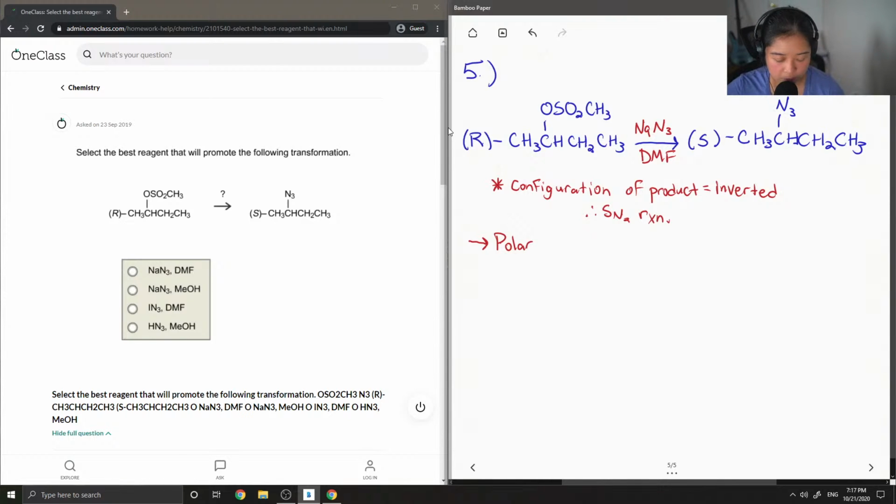So when you have polar protic solvents, an example of this would be the methanol that they gave us in the question, this only favors SN1.